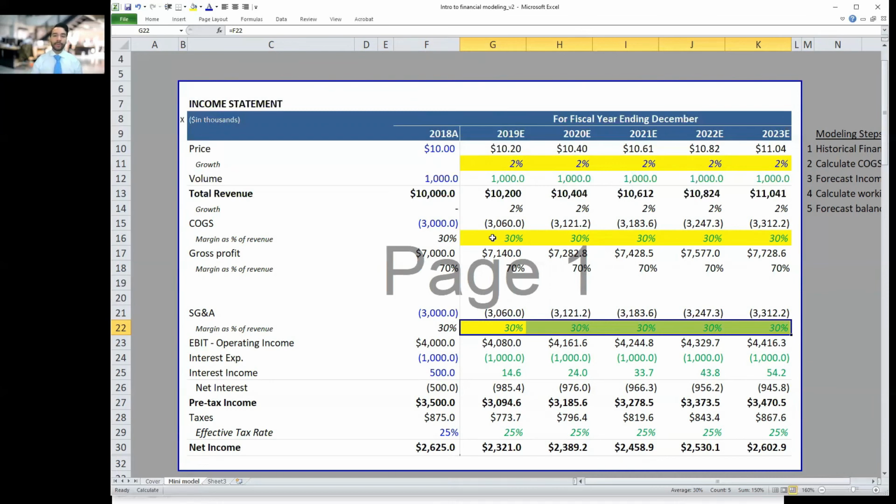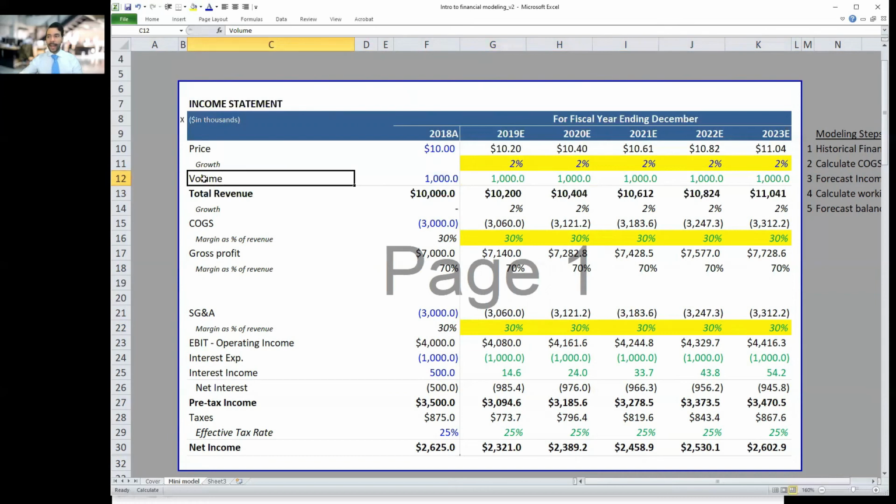Well, if this was a subscription-based business, or a business where we have volume here, what if as part of this volume, this company had about 20 different products, 20 different SKUs, and they sold in about 7 or 8 different states? How would you create a revenue buildup model that's a lot more detailed and more accurate?